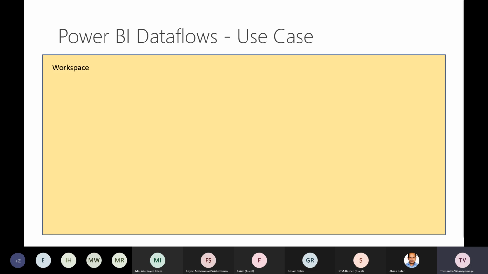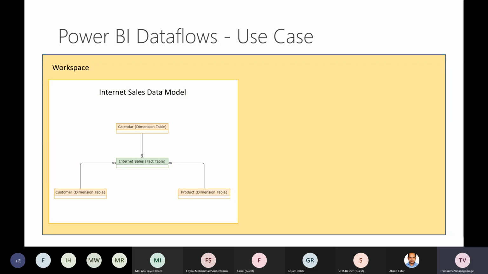Now we have a workspace, right? And we have a data model in that workspace, which is the internet sales data model, with these dimensions and a fact table called internet sales. Then after a while, another requirement comes up saying that you want to bring in another new data model for resellers.